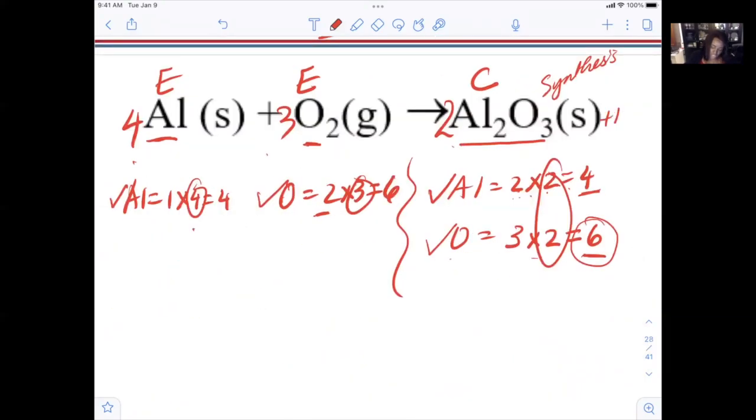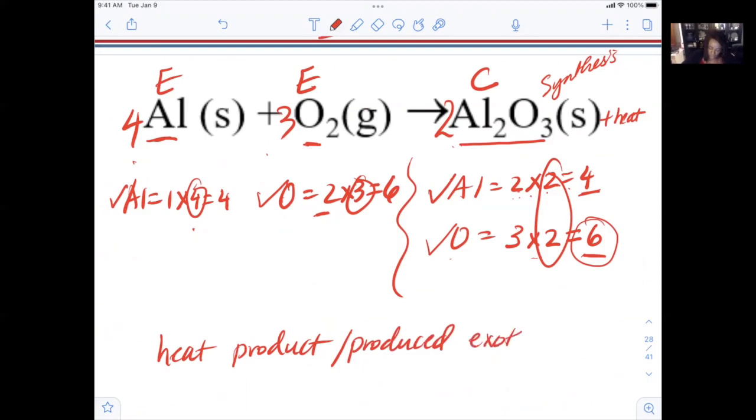If you have heat on the product side, heat product, the same thing as heat produced. Any reaction where heat is produced, given off, is exothermic. So heat is exiting, leaving.